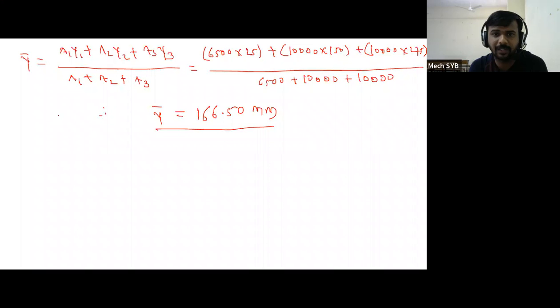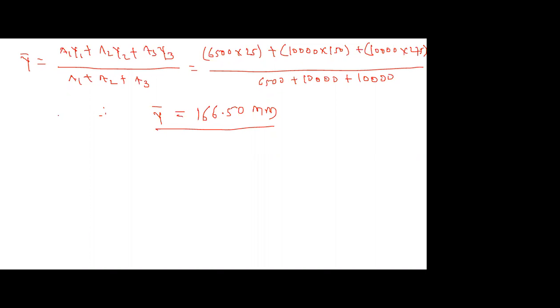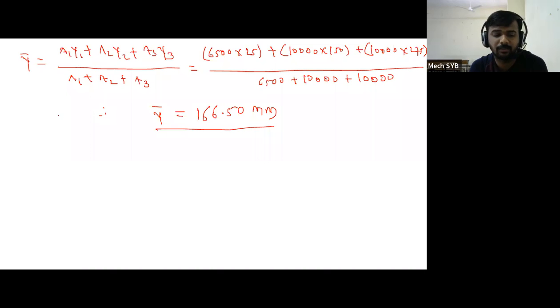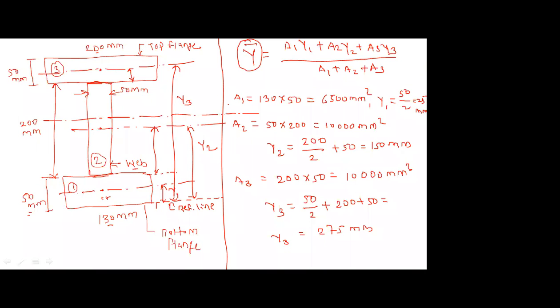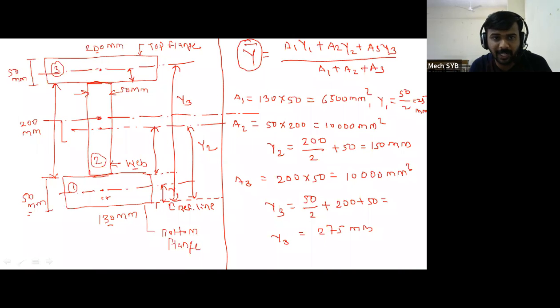CG of I section, and through that particular CG point we have to draw one center line, and that center line is called as X axis. Again, one important word. What is this axis? Neutral axis. न्यूट्रल ऍक्सिस.